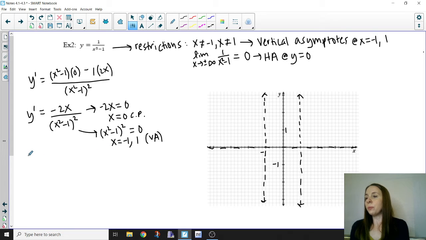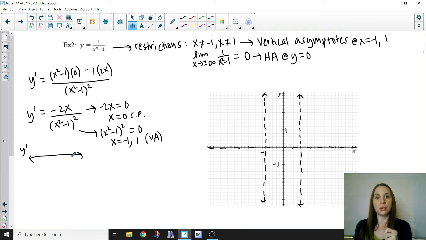So now what we're ready to do is a y prime sign chart. And the purpose of this is to test our critical point to determine if it is a maximum or a minimum. But also, the signs on that sign chart will tell you where your function is increasing and where it's decreasing. So it really gets a lot of things set for your curve.